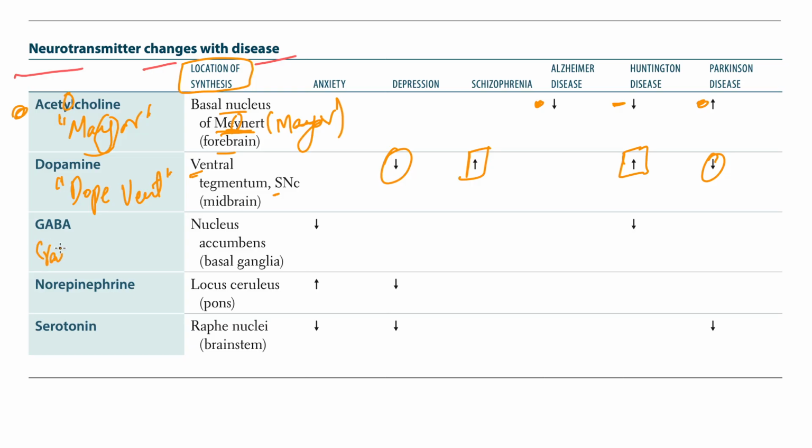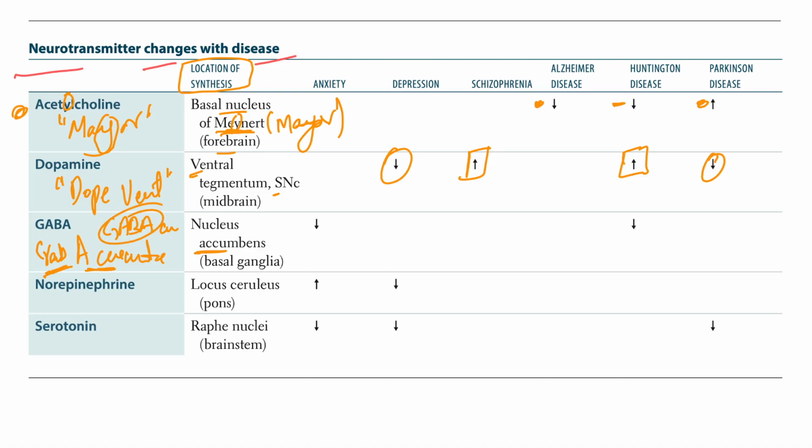For GABA, which is the nucleus accumbens, the mnemonic is grab a cucumber, which is GABA accumbens. So grab a cucumber. You can just call it GABA cucumber.